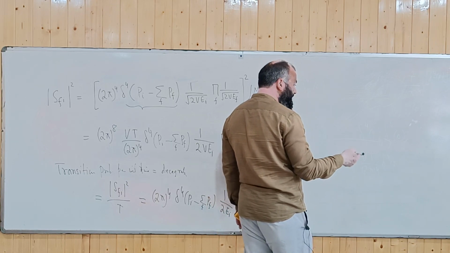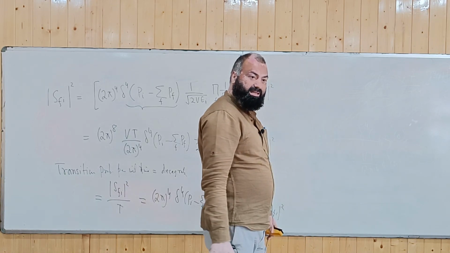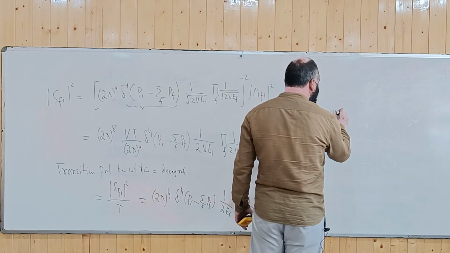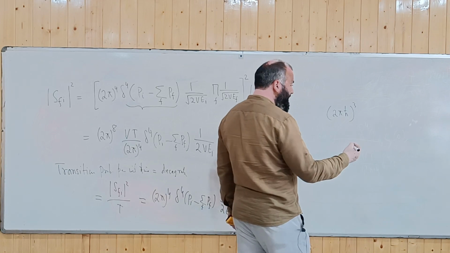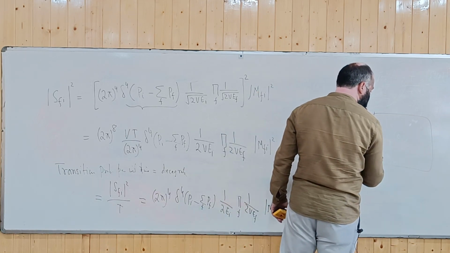Let's say you have a phase space. You divide it into cells of volume how much? (2πħ)³. Let me draw it.